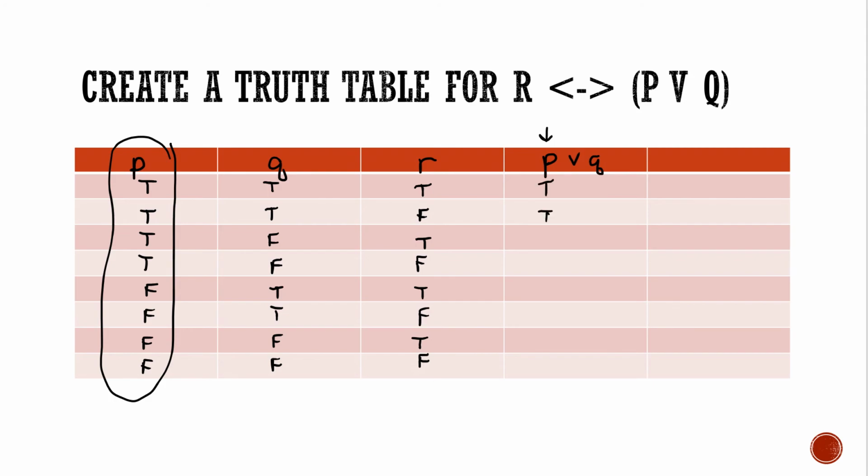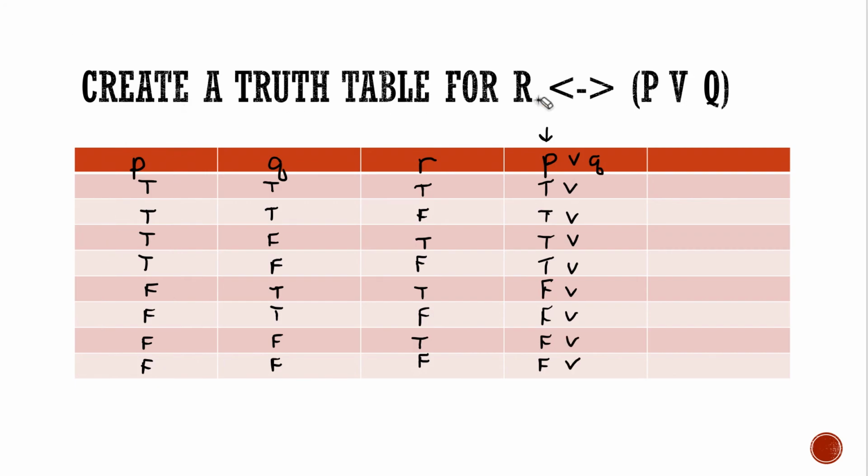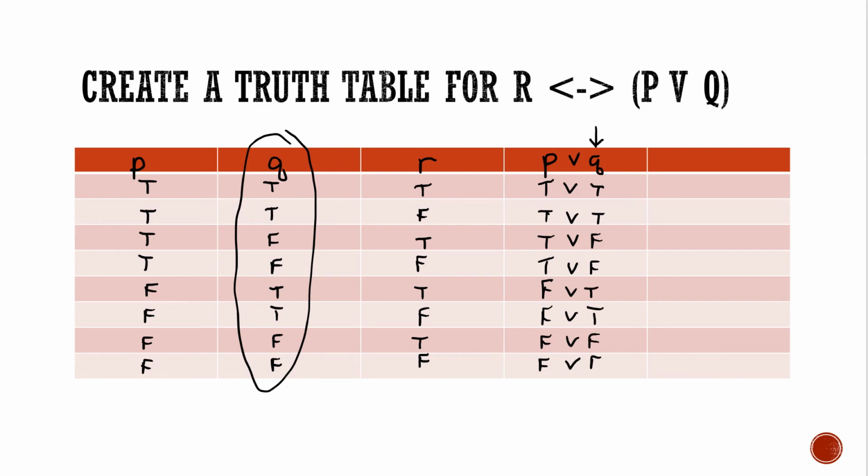So that is 4 true values followed by 4 false values. Then I'm going to write my symbol for OR. Okay, then I'm going to do the Q. So I'm going to come over here and I'm going to copy all of those Q values underneath the Q. So that's true, true, false, false, true, true, false, false.